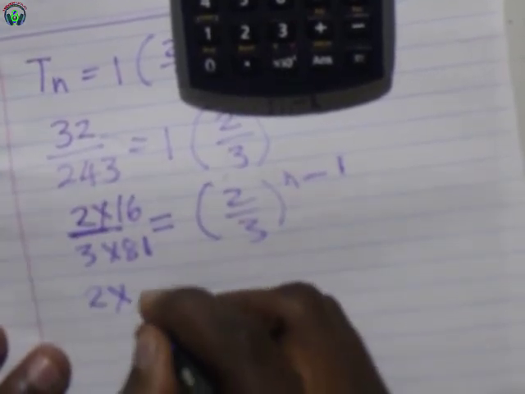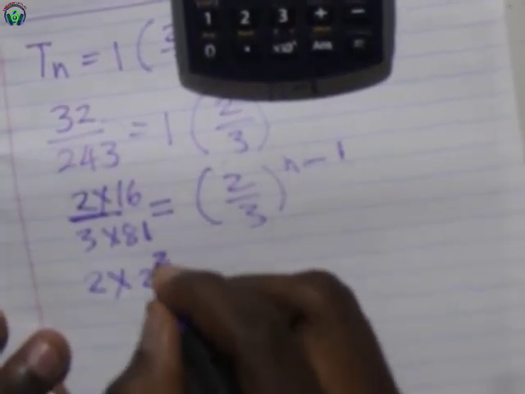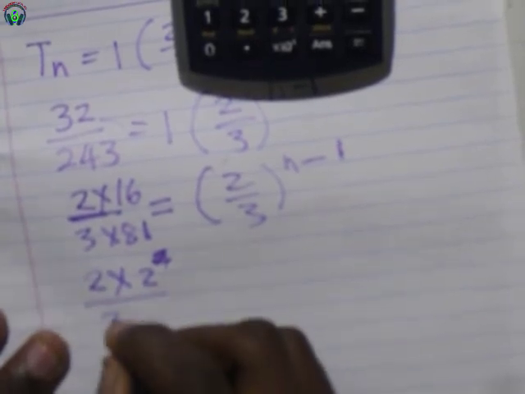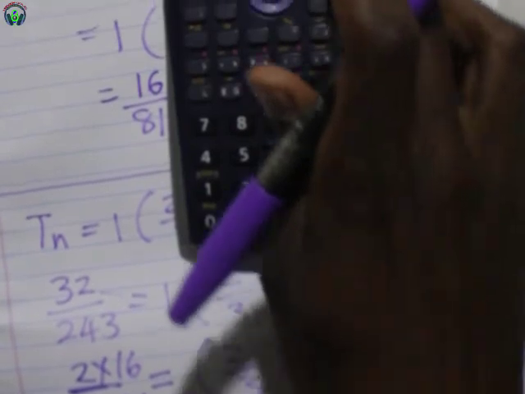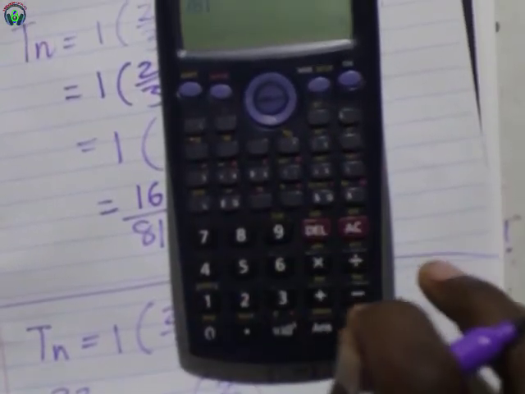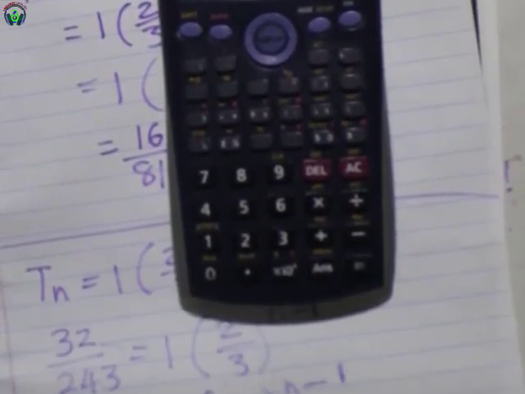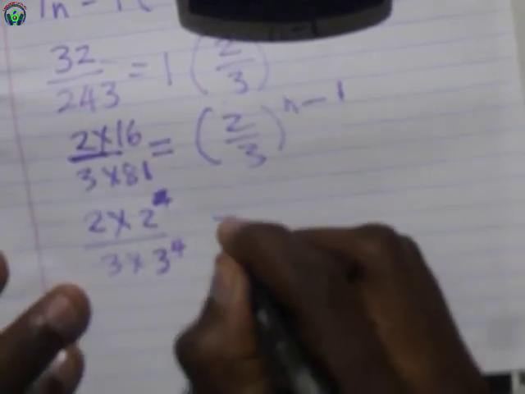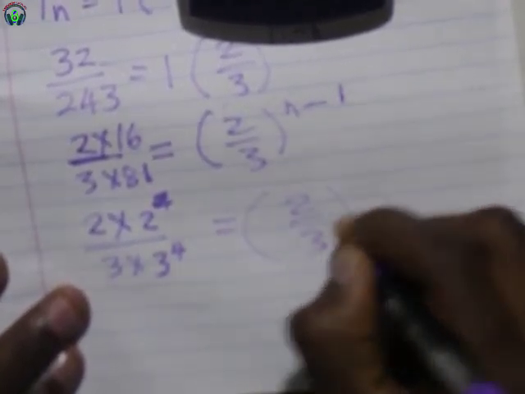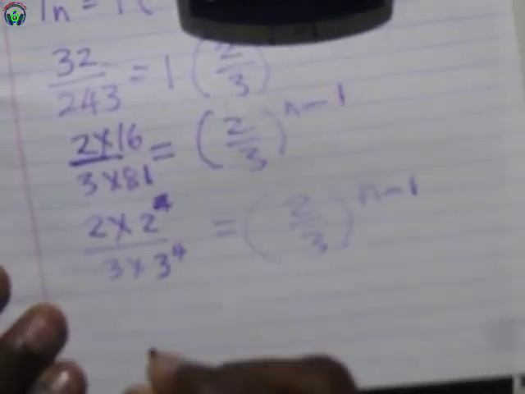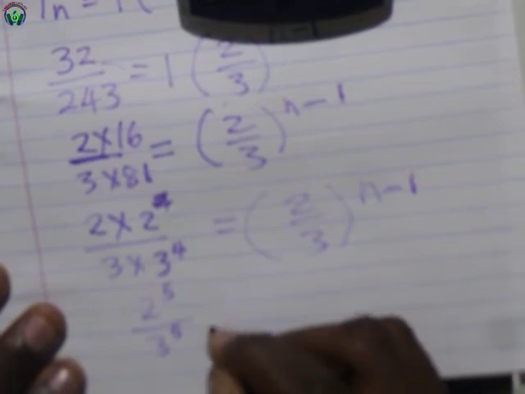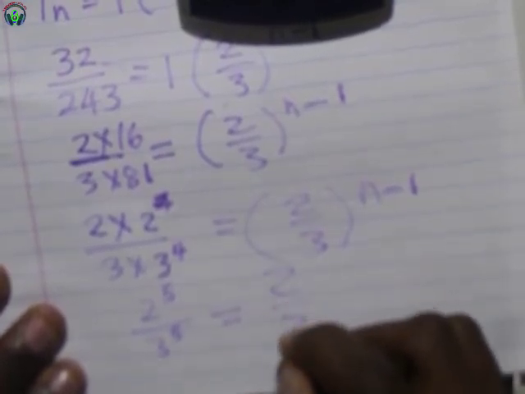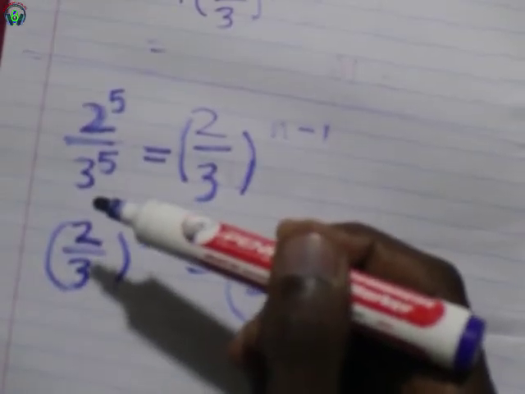So it's 2 times 2 to the power 4 over 3 times 3 to the power 4, equals 2 over 3 to the power n minus 1. So it becomes 2 to the power 5 over 3 to the power 5 equals 2 over 3 to the power n minus 1. We have reduced the number on the left to its powers.